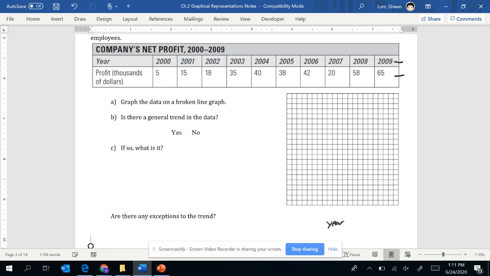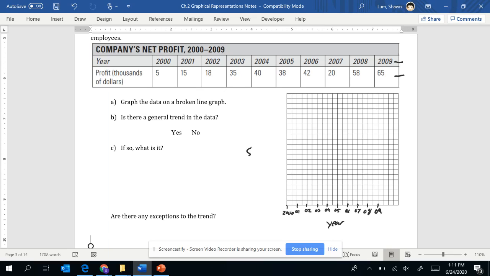So I'm going to start with 2000, and then we have 9 more years. So it's going to be 01, 02, 03, 04, 05, and so on up to 2009. Now it says profit in the thousands of dollars.